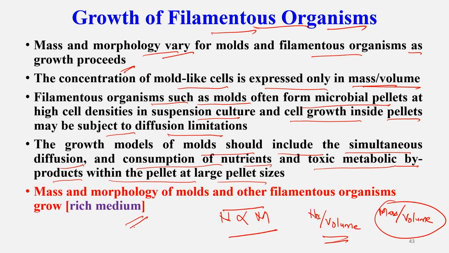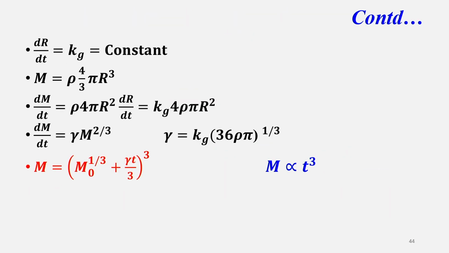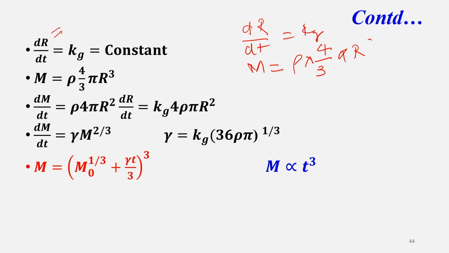So, once you are having the rich medium, the mass and morphology of molds and other filamentous organisms grow. This is coming in terms of size R. So, let us say you write dr upon dt as a constant kg, and the mass of filamentous organisms will be density into volume, 4 by 3 pi r cube.